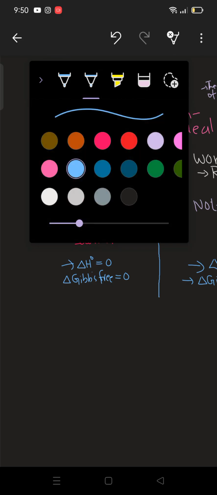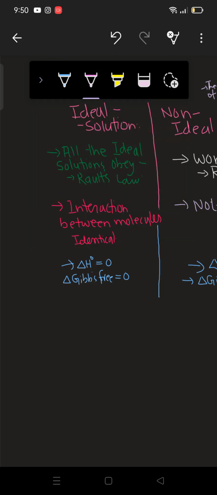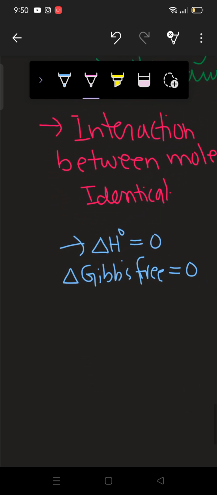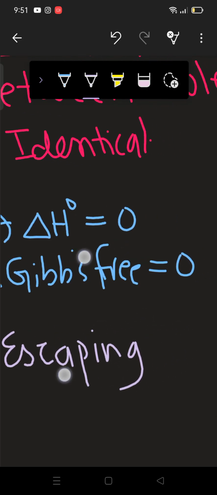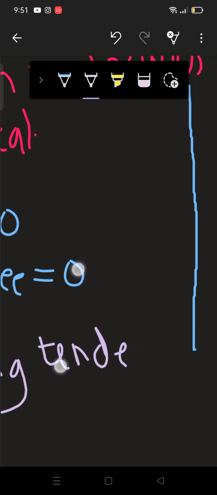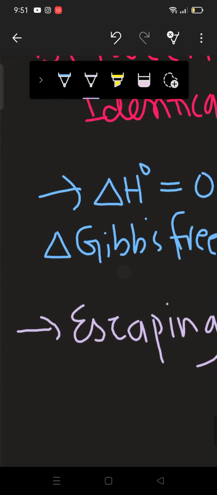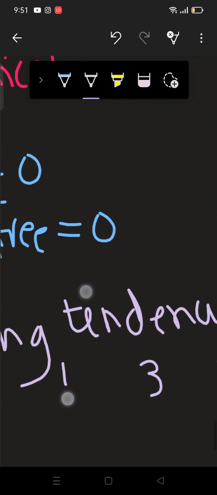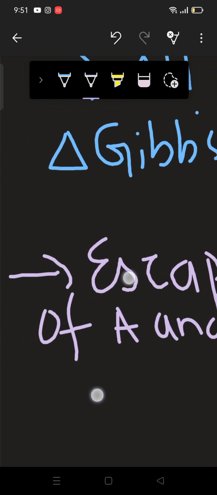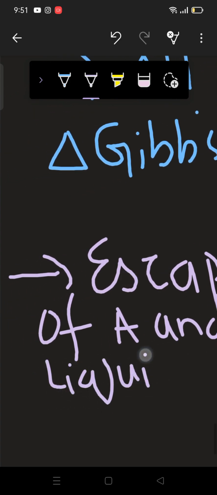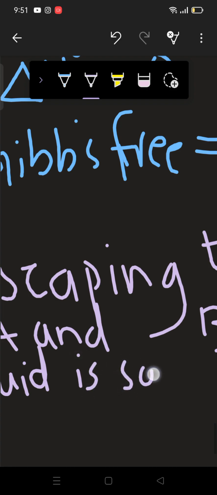Here in the ideal solution, the escaping tendency of A and B in the pure liquid would be the same as in the solution.